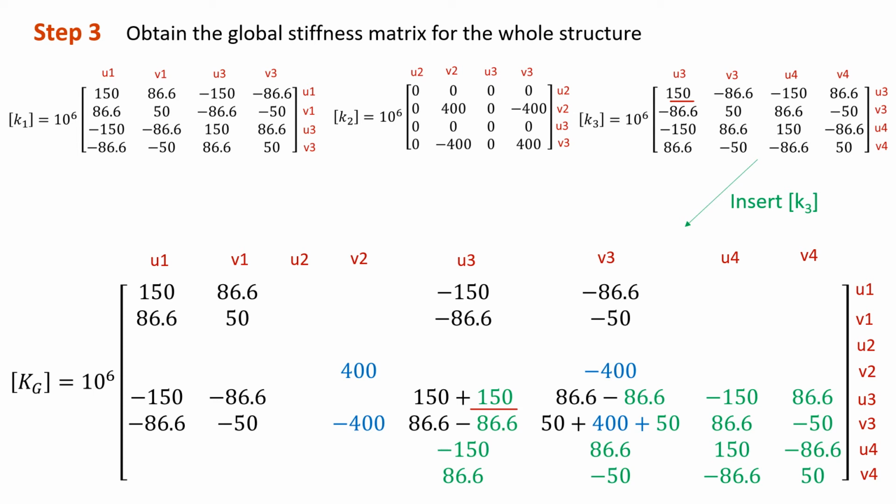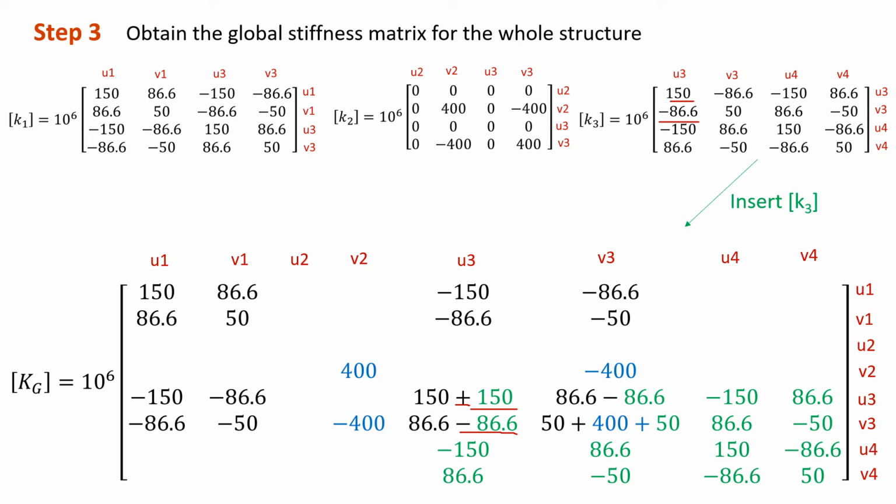When we have overlap, we just need to add. The second value is U3, V3, which is negative 86.6. So check U3, V3, and we have negative 86.6. That's how we insert the matrix according to its position.